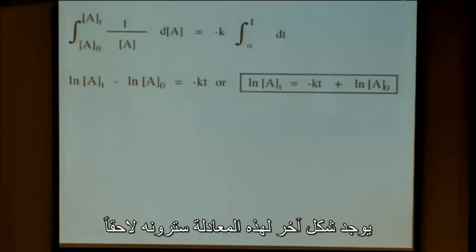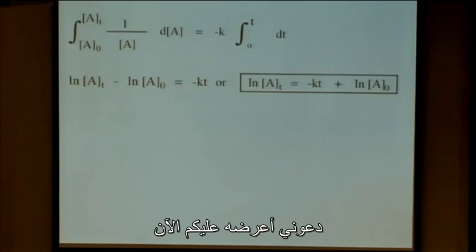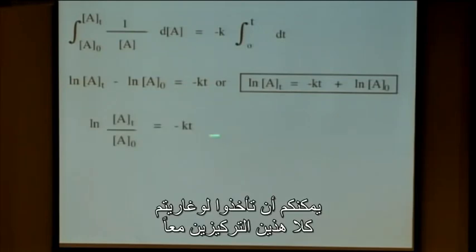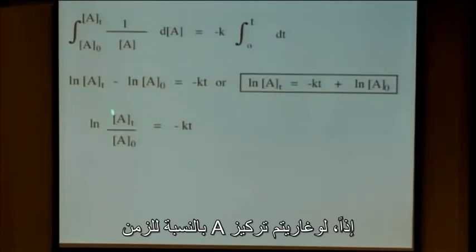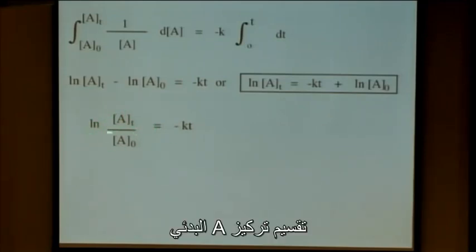There's also another expression that you'll see, and let's show you what that is. You can also take the natural log and bring these two terms together. So natural log of your concentration of A at time t over your original concentration of A equals minus kt.